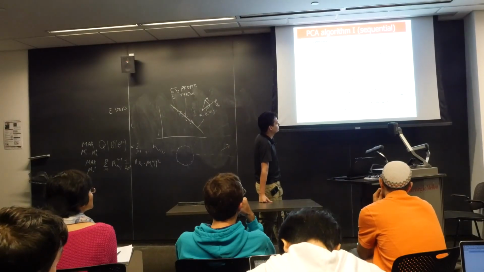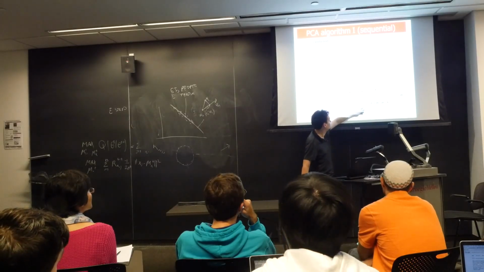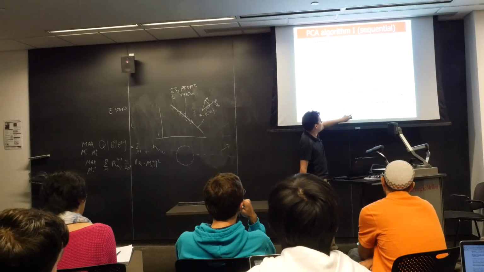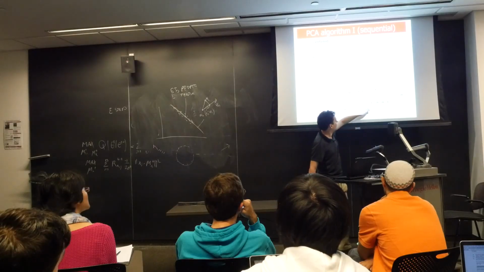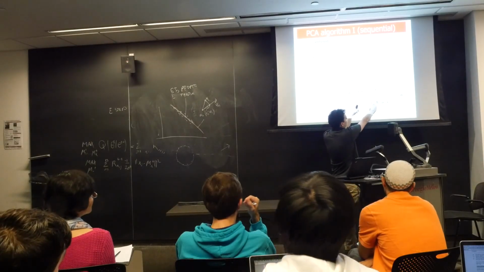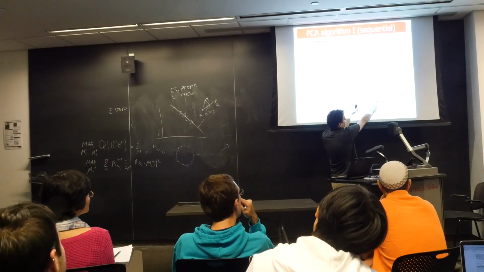this expression. Okay, so I try to illustrate this with this figure. Now we are in a 3D space. This is an instance x. If this is W1, and the norm of W1 is 1, then this is W1 transpose x, that's the length.